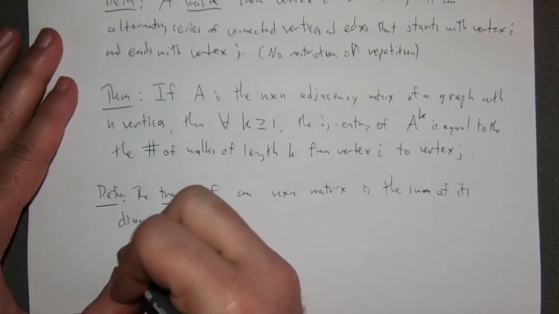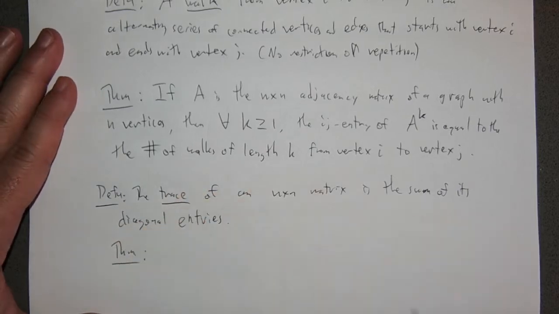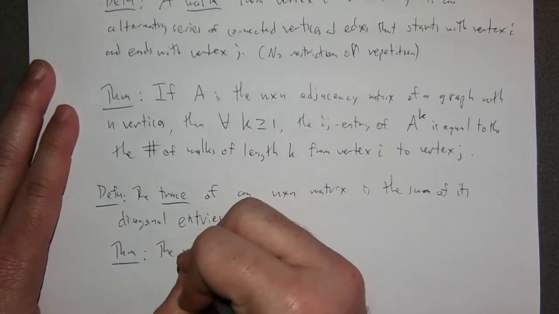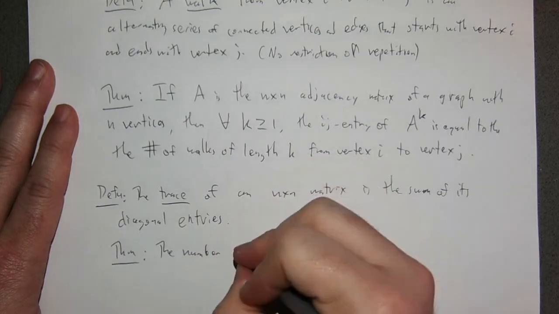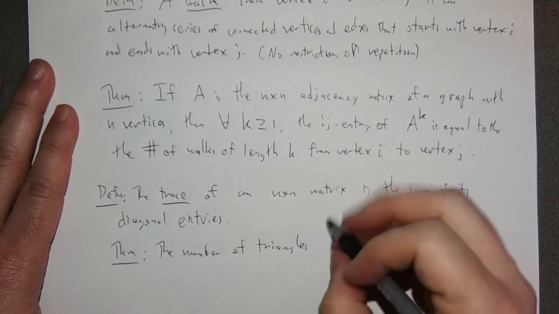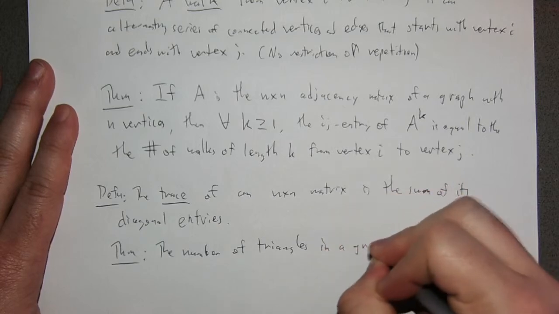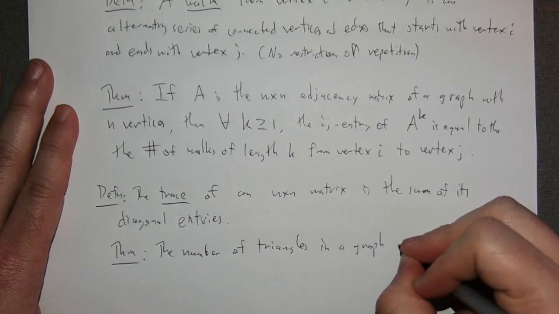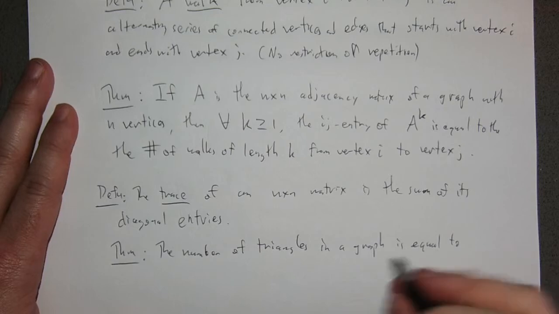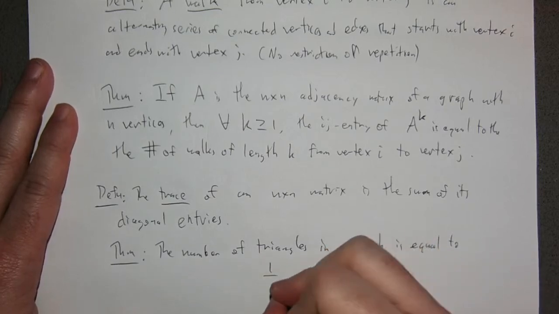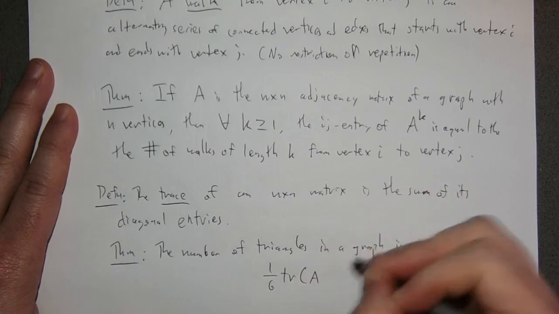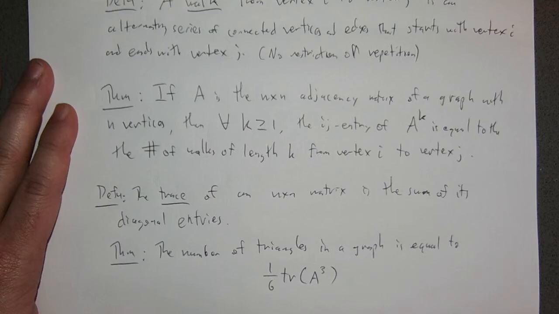And the reason for defining that here is I have one more nice thing about basic graph analysis, which is the number of triangles in a graph is equal to 1/6 times the trace of the adjacency matrix cubed.